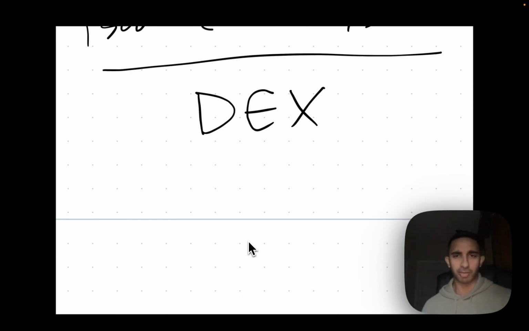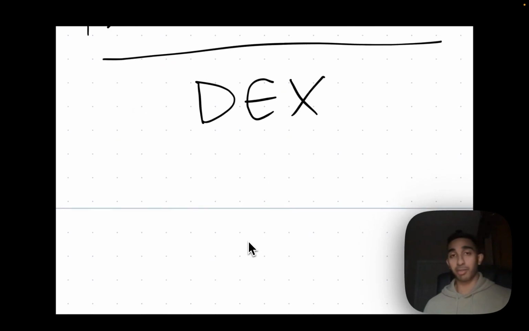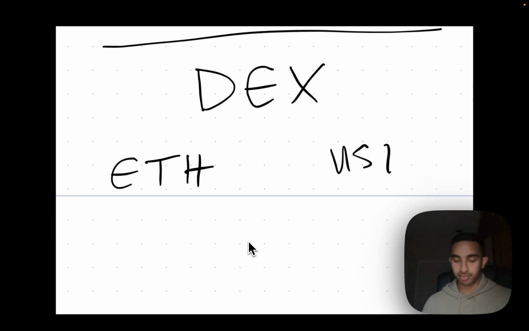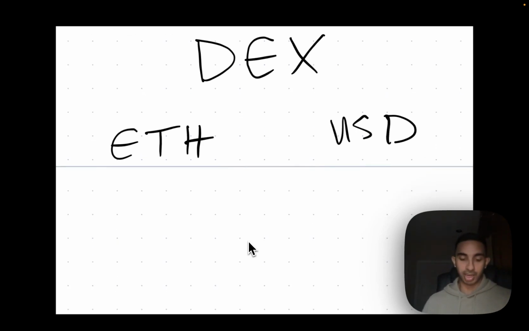So how do we actually determine the asset price? Well, the cool thing about Uniswap is that you interact with a smart contract directly. People deposit money into the smart contract, and the price is determined algorithmically. So how does it happen? We deposit Ether and USD into the contract, and we might deposit, let's say, 1 ETH and 1,500 USD.